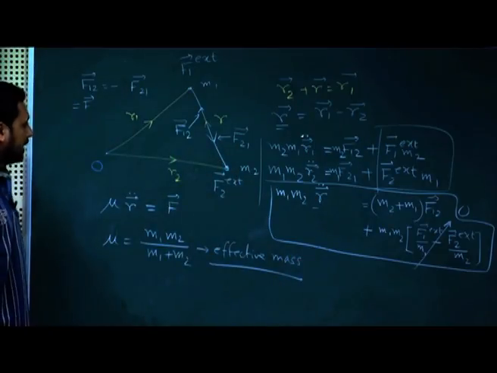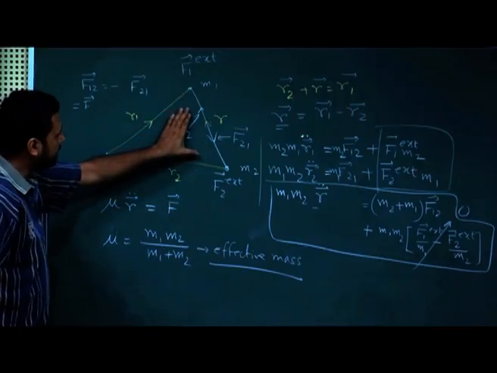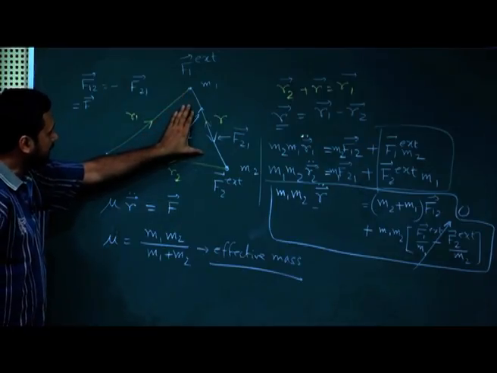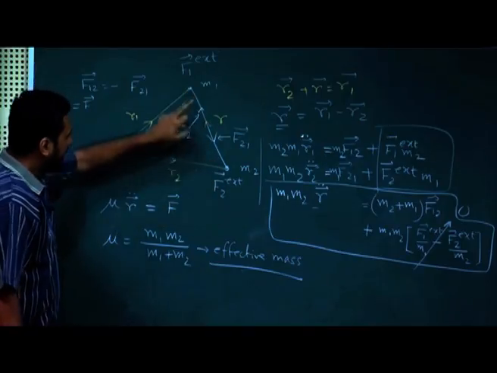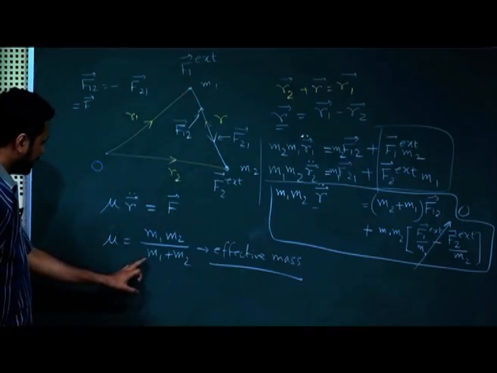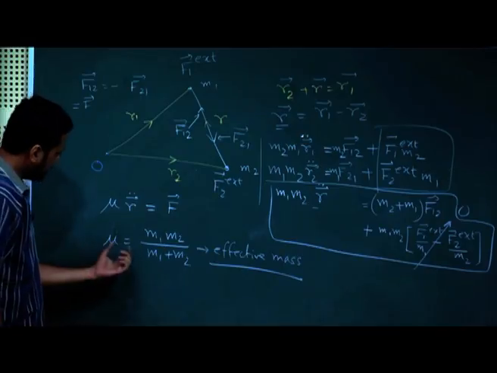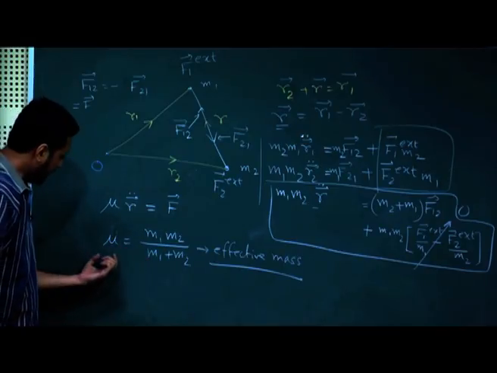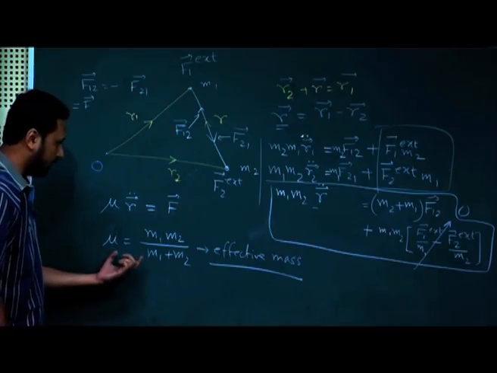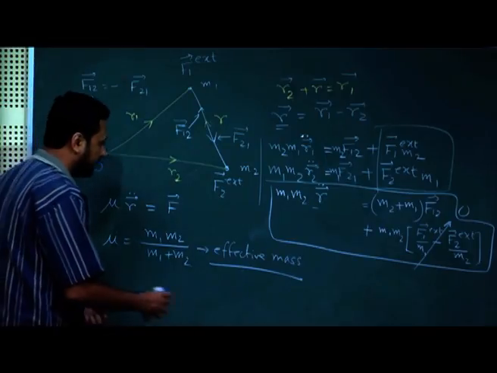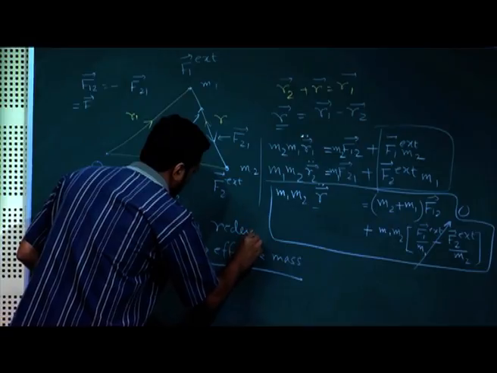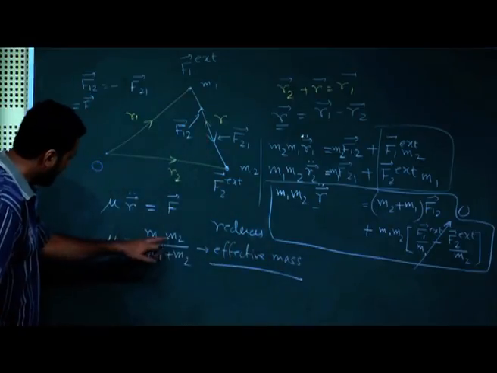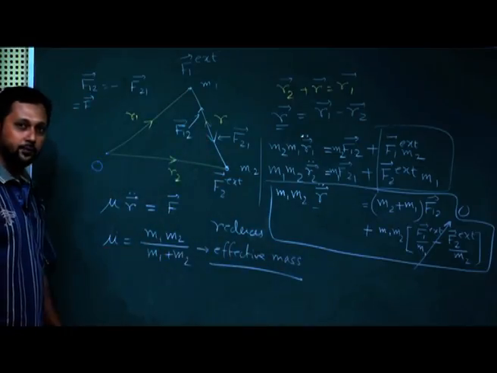So, we see, assuming that all the external forces combined produce an equal acceleration in these two point masses, the equation of motion is strictly a function of both the masses with this effective mass, or you can also call it the reduced mass if you like, which is given as m1 m2 divided by m1 plus m2.